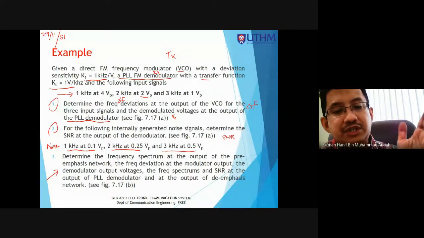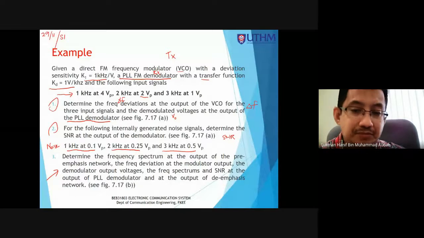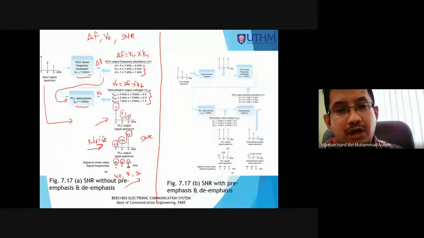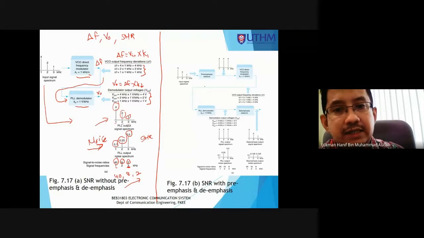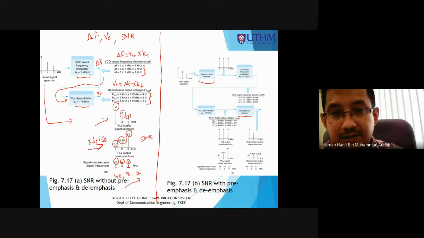So dia nak lihat macam mana bentuk spektrum pada setiap bahagian outputnya. Kalau dilihat di sini, gambar rajah sebelah kiri telah diubah sesuai dengan adanya pre-emphasis and de-emphasis. Pre-emphasis sebelum modulator, and then we have de-emphasis network after demodulator.